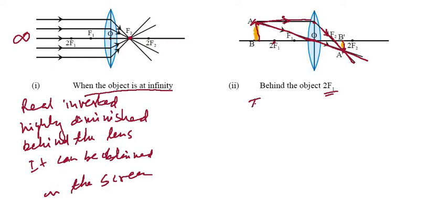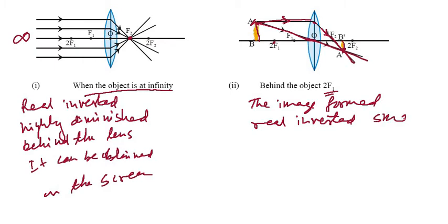So the image is real, inverted, smaller than the object, and it can be obtained on the screen.